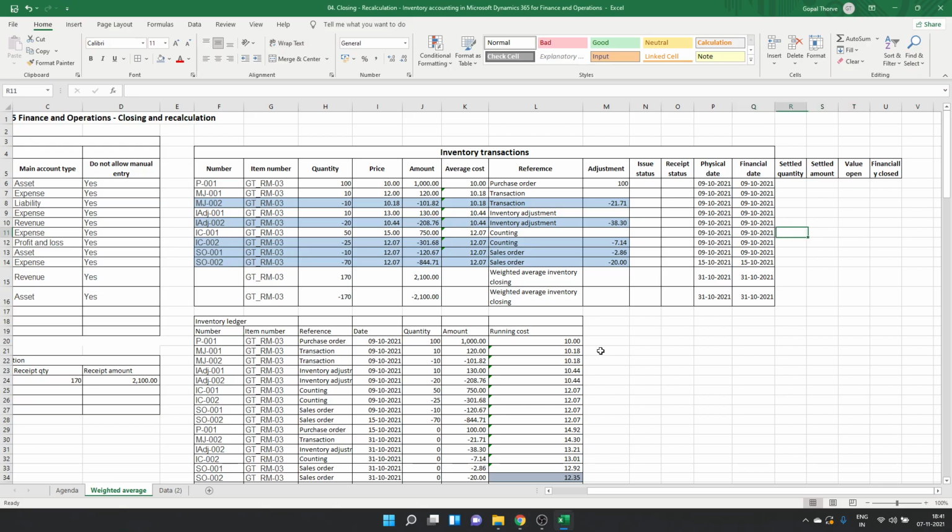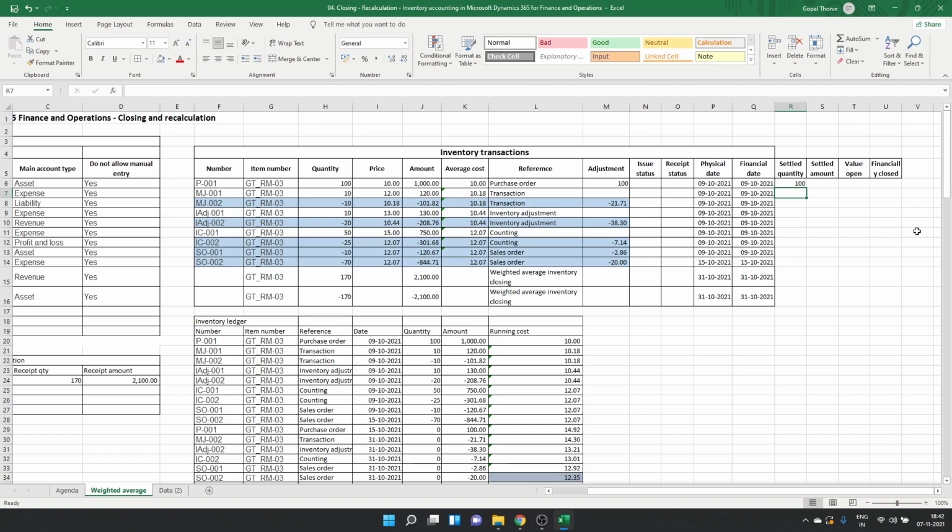Now you see this 100 quantity is settled against this issue transaction. We are just removing the individual identity of different receipt transactions during the month, and establishing a single receipt transaction which says weighted average inventory closing. So this 100 quantity is closed.